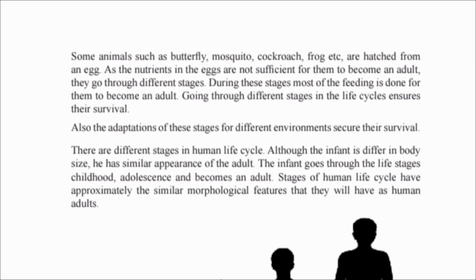Infant, childhood, adolescence, and then adult. Stages of the human life cycle have approximately the similar morphological features that they will have as human adults.